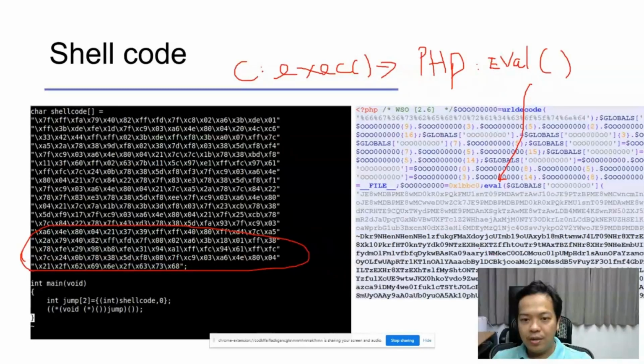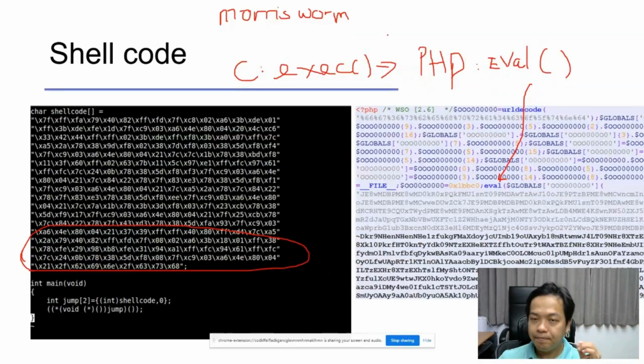Okay, so we will look back at the Morris worm. Remember, I just mentioned the Morris worm. This is one PC, and this is the other PC, and the Morris worm injects into this PC.